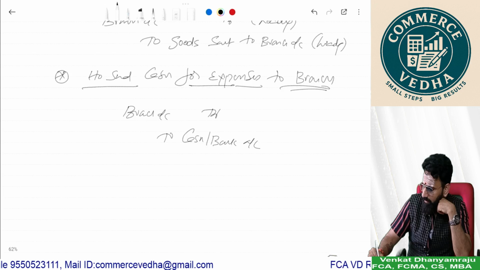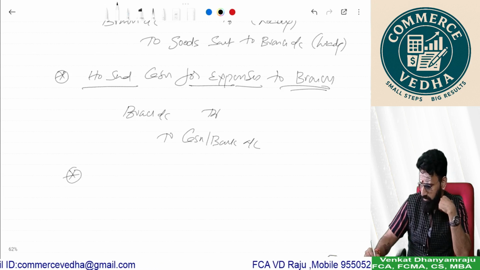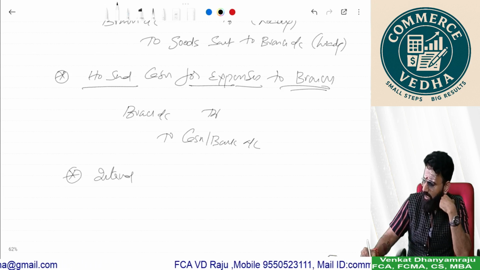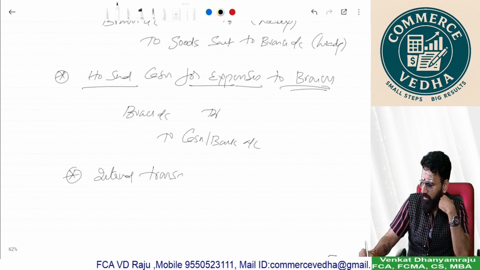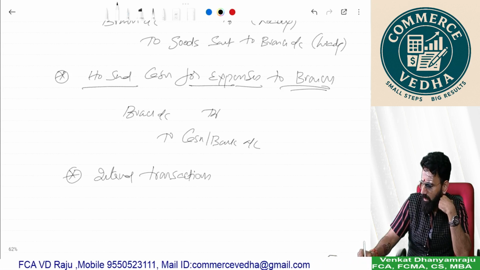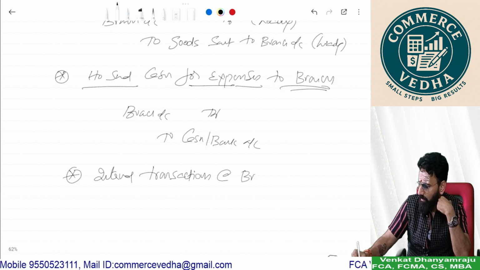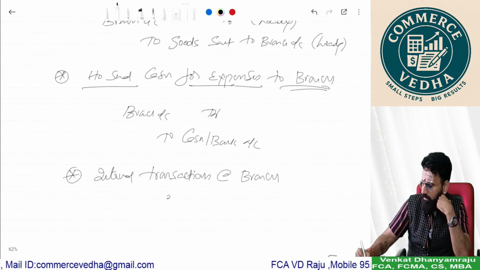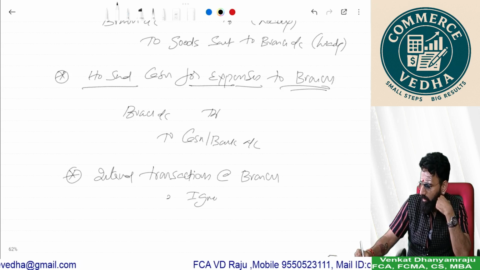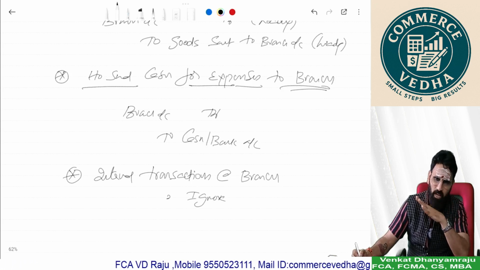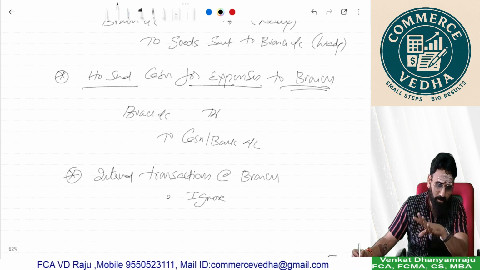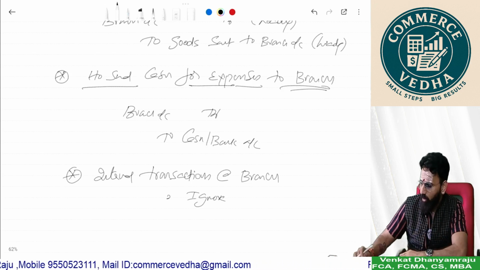And then, internal transactions at the branch. Simply we ignore them, same as the dependent branches method. Like what?